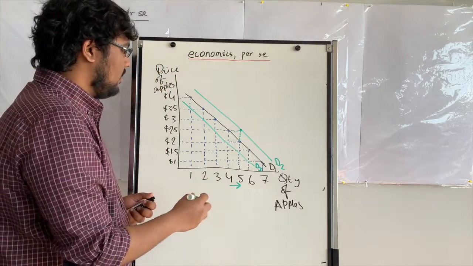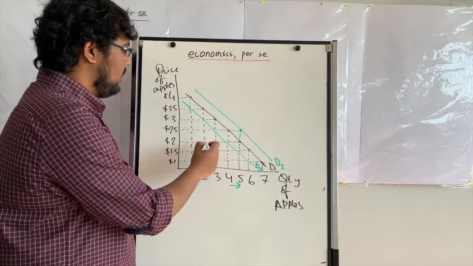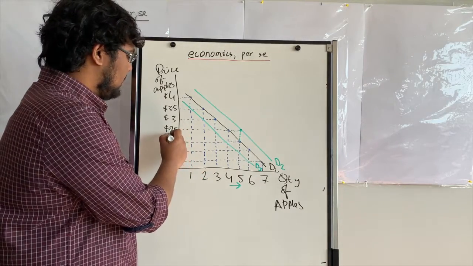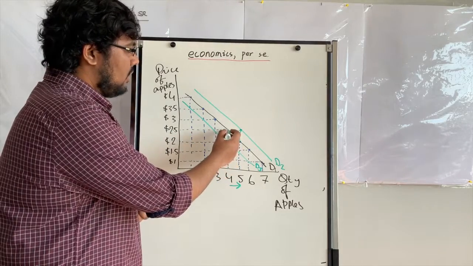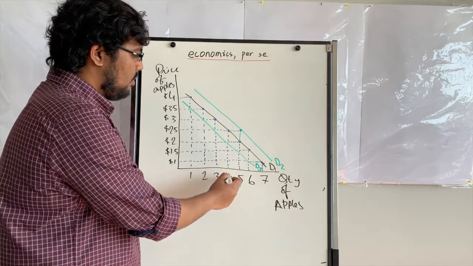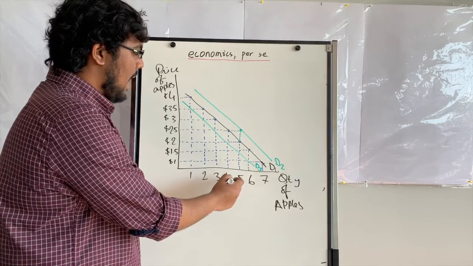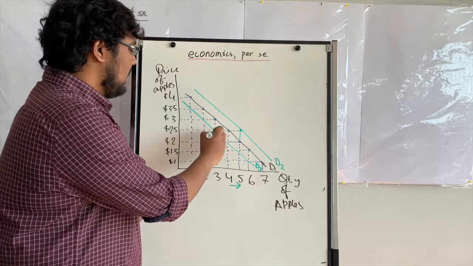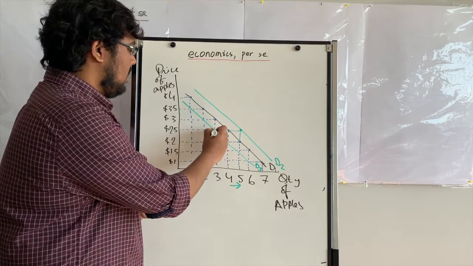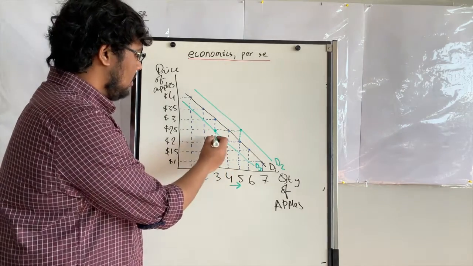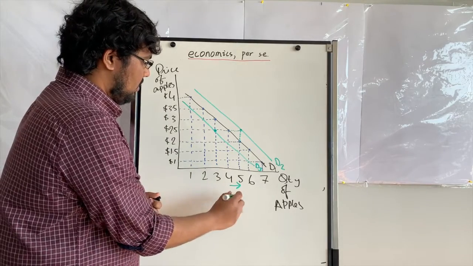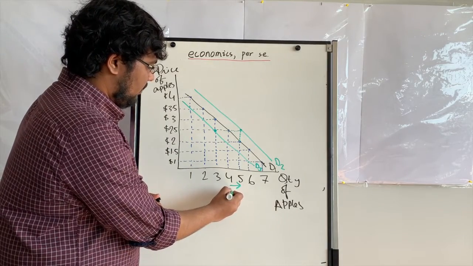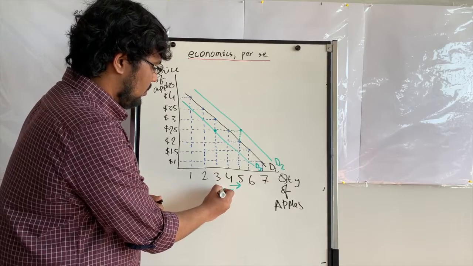And here again, as you can see, at a given price, let's say $2.5 again, when the individuals used to buy 4 kilograms of apples, now they are demanding here 3 kilograms of apples at $2.5. This is coming from 4 to 3.